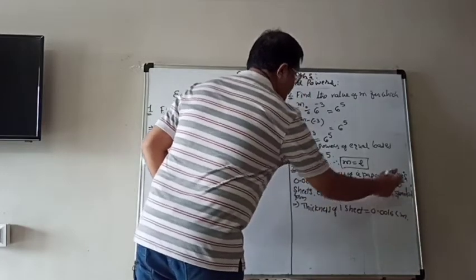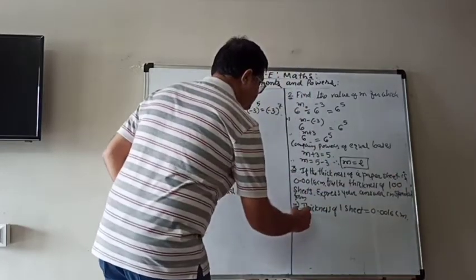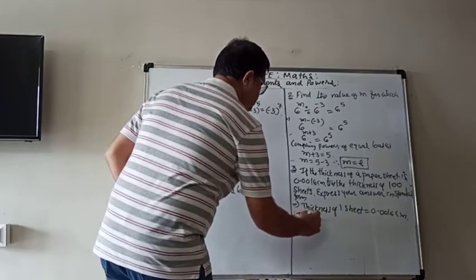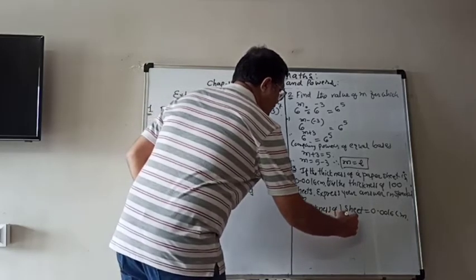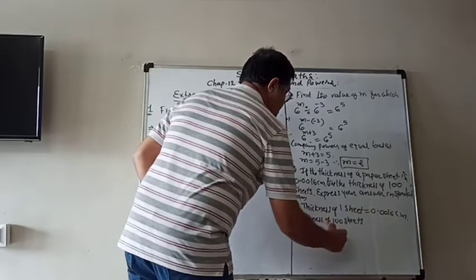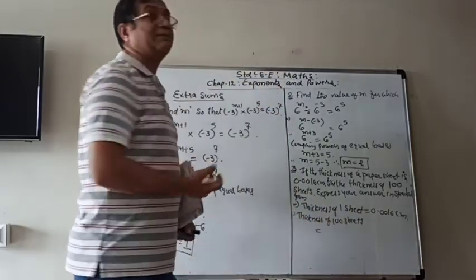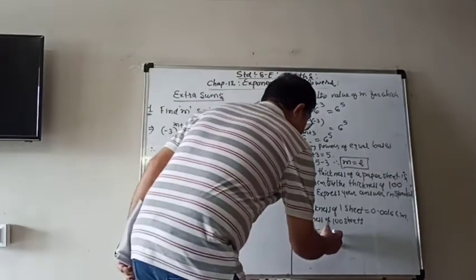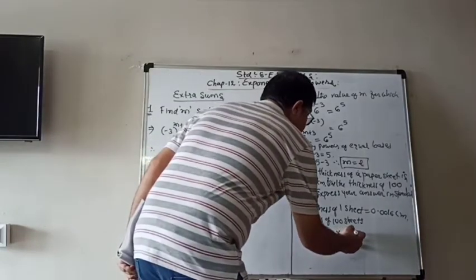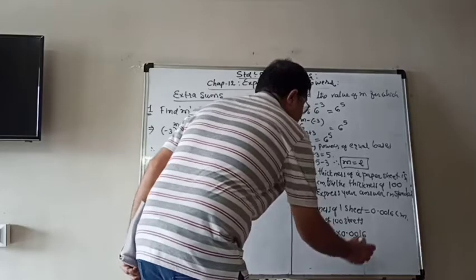Now there are 100, therefore thickness of 100 sheets, then you have to multiply this number by 100. So 100 multiplied by 0.0016.